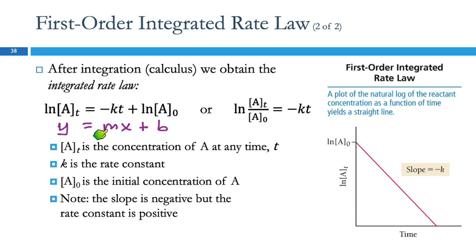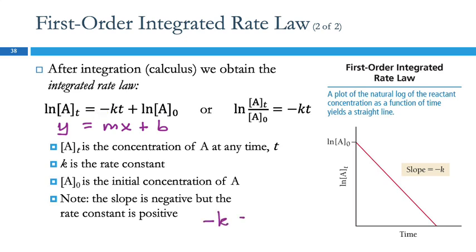The slope then is equal to negative k. This is a negative slope, and the rate constant has to be positive. But the rate constant is equal to negative of the slope, right?